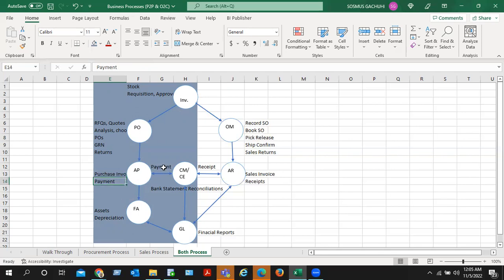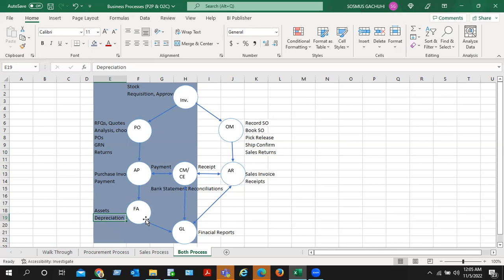The same payment has to be communicated to cash management for bank reconciliation. And in the same case, if the invoice relates to a fixed asset item, it has to be communicated with the fixed asset application or department so that they can maintain it as an asset and calculate the asset depreciation.